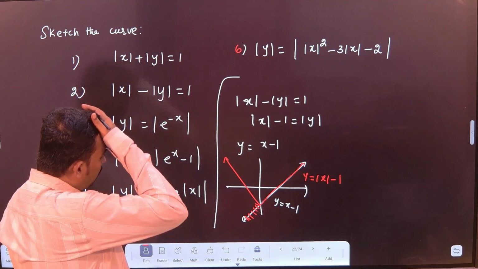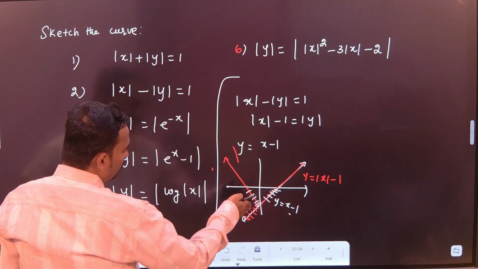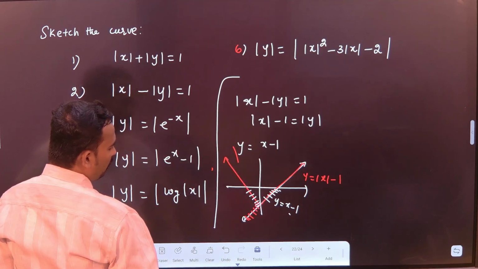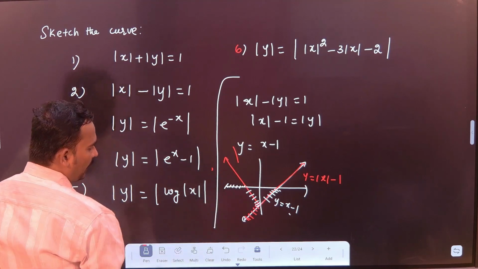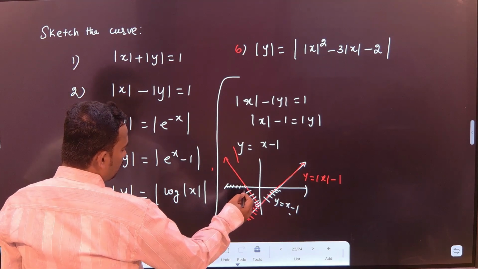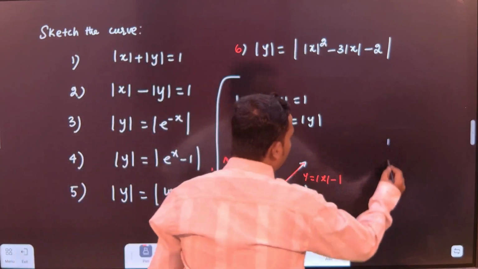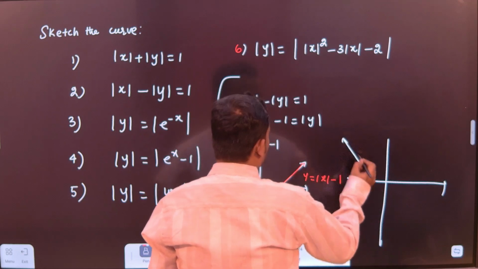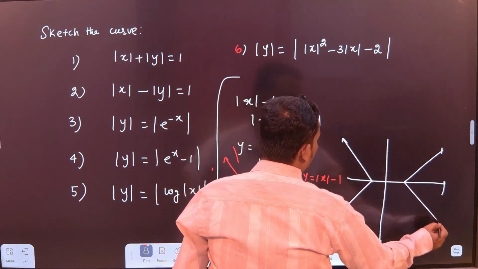And then again you can apply mod y. You have to remove the part below the x-axis, and whatever the positive portion is there, you have to take it with respect to the x-axis, right? This will be like this. The graph will be, you can see this is the graph. Clear?